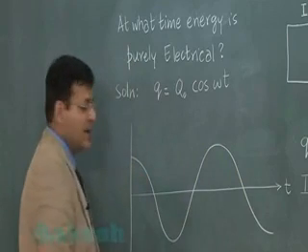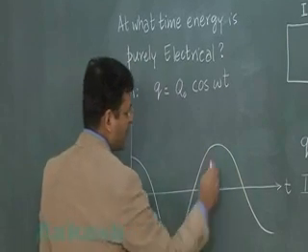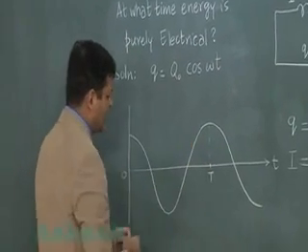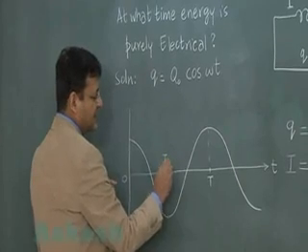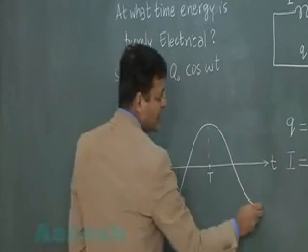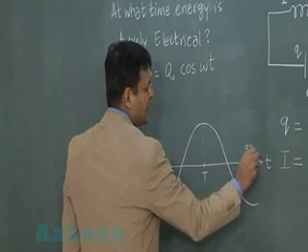You understand? As a function of time, this is the complete cycle you have at this moment, and at this juncture half of the time period has been consumed, and if you again come to this side, then the time can be written as 3T/2.